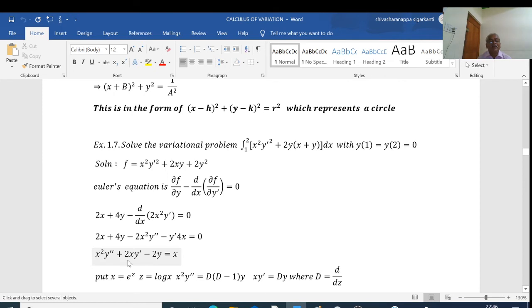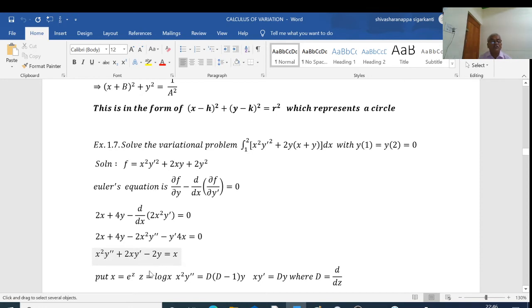This is a second order linear non-homogeneous differential equation with variable coefficients. And to solve this equation, this is x square D square plus 2x into D minus 2 into y is equal to x. And we know the method of solving such equations.